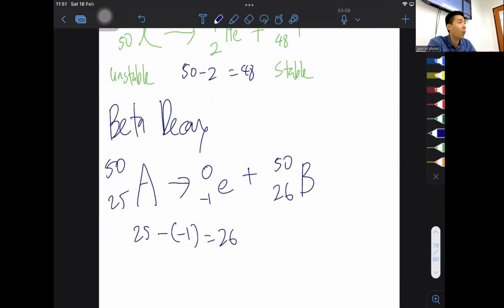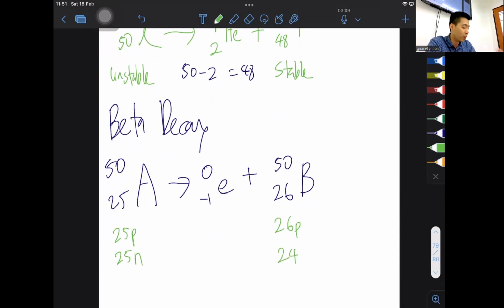In reality, what really happens here is, let me draw it out. If you look at the composition here, there are 25 protons and 25 neutrons, because 50, 25, 25. Here, what actually happens is it will become 26 protons and 24 neutrons.